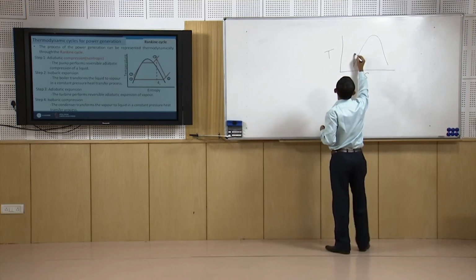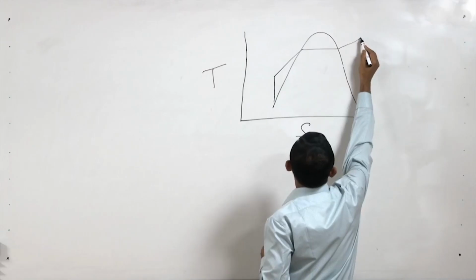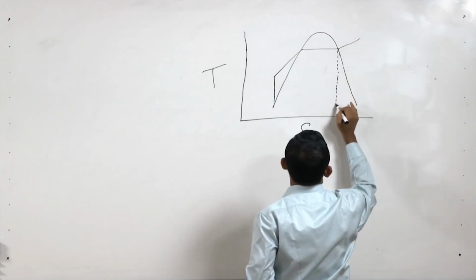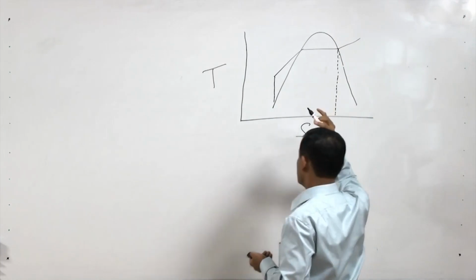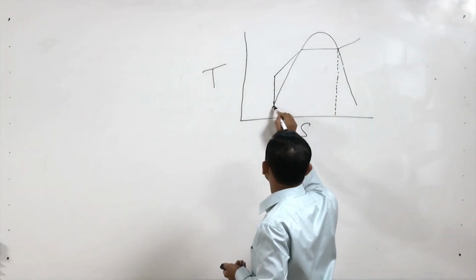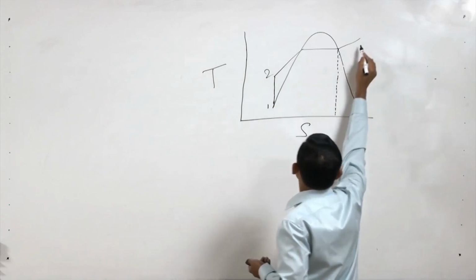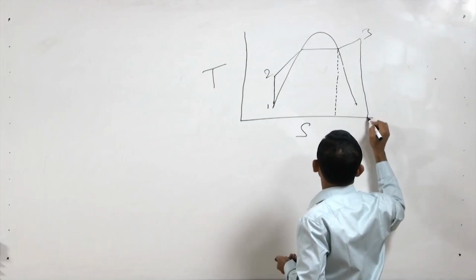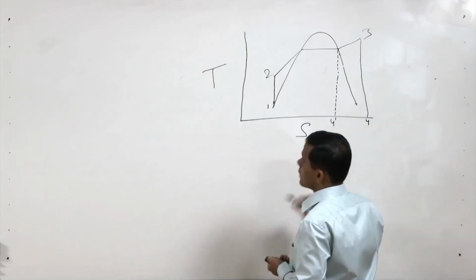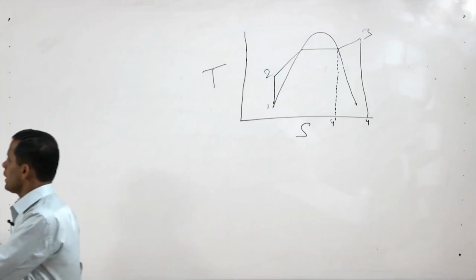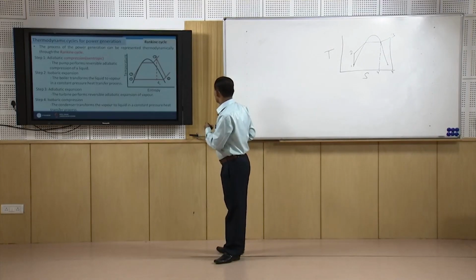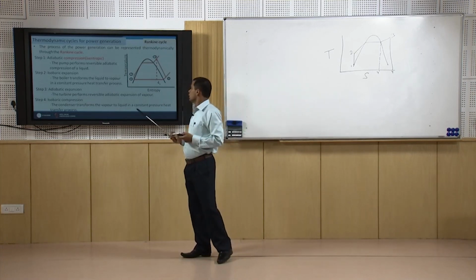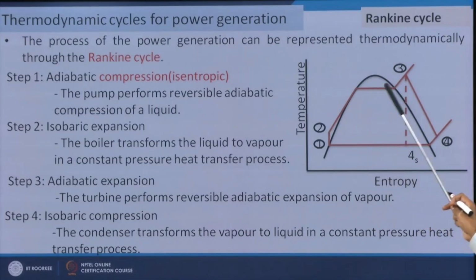It will go like this: 1, 2, 3, and we will get 4, and this is 4 dashed. So, this is the diagram of our Rankine cycle. The first step is this, and this is our second step.